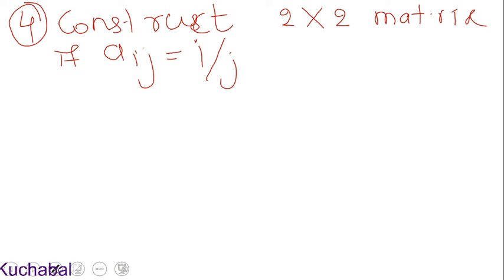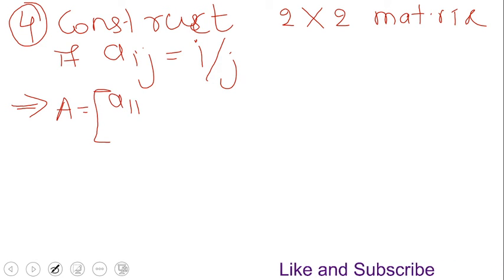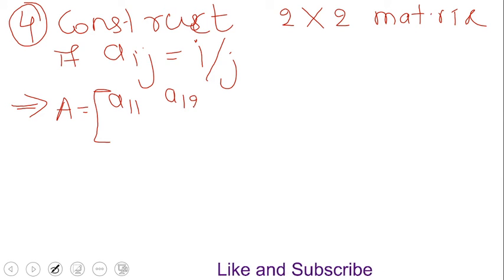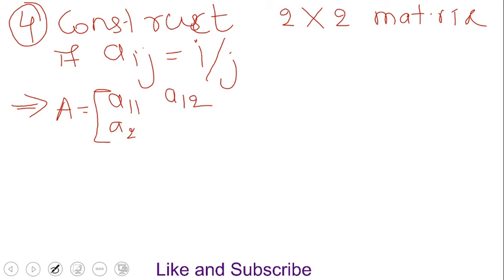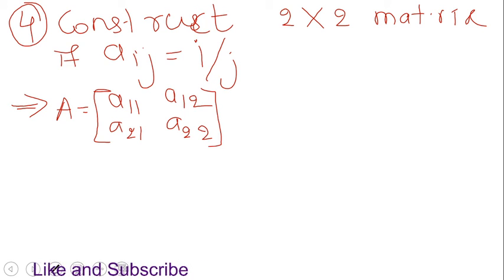First we have to write a 2 cross 2 matrix. I call it a11, a12, a21, a22. This is a 2 cross 2 matrix.